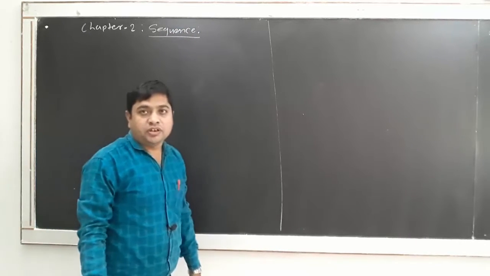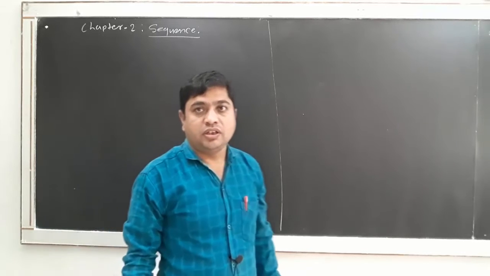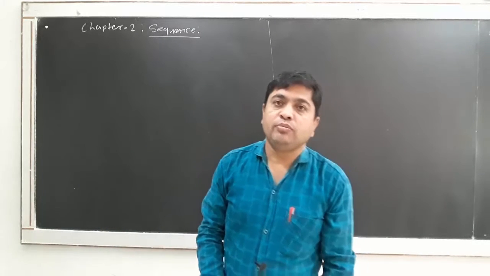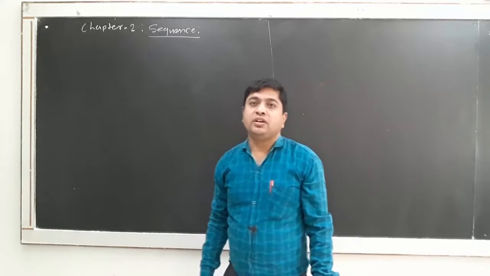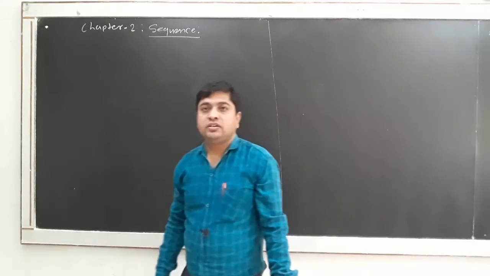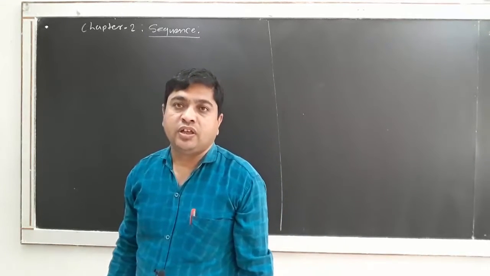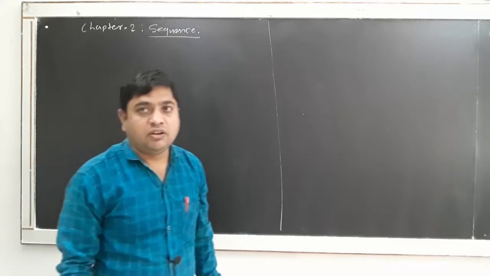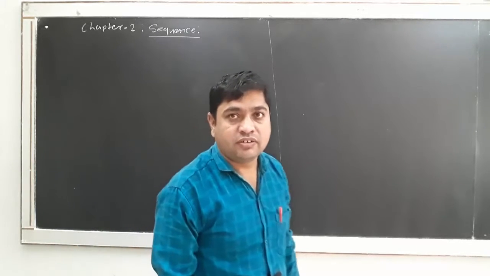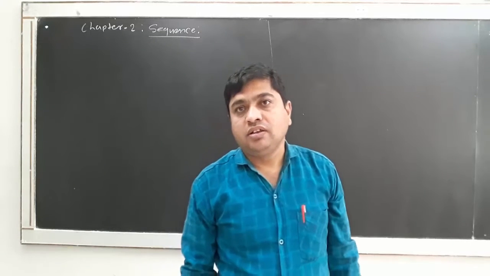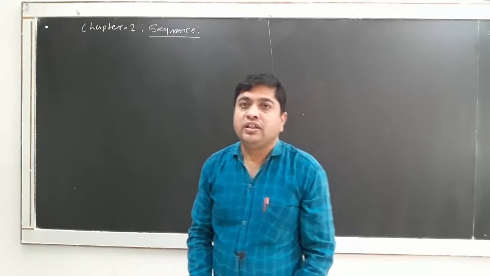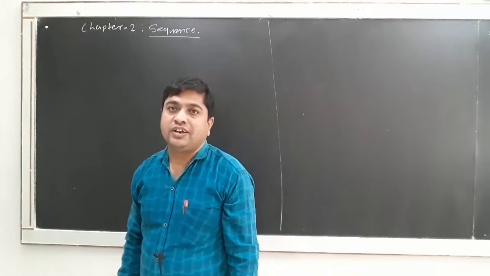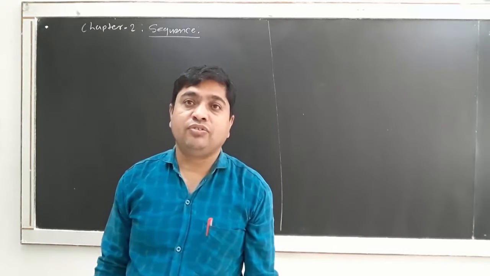The meaning of the sequence in mathematics is similar to the meaning in ordinary English. That is, a sequence of some events or a sequence of some objects. We are saying that this is the first object, this is the second object, this is the third object, and so on.